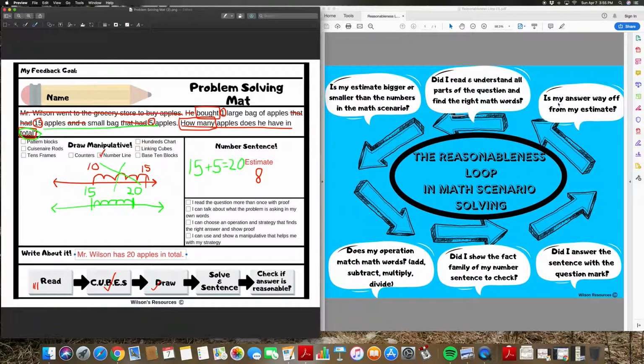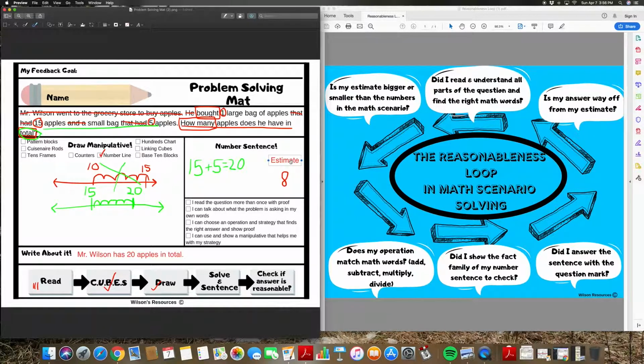Is my answer way off from my estimate? So yes, this student's estimate was way off. But the lucky thing about estimates is that it's just a first initial gauge when you're looking at your problem. So yeah, this person maybe didn't look at the problem correctly, maybe didn't really understand the problem, or didn't look at those math words to really give them a good idea.